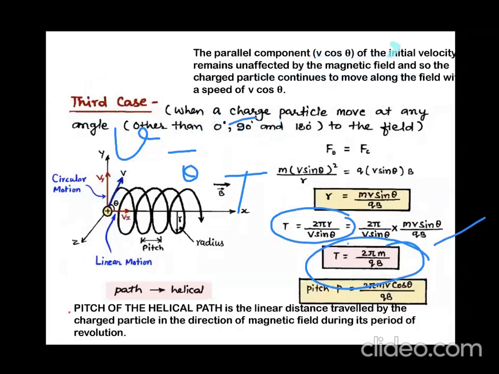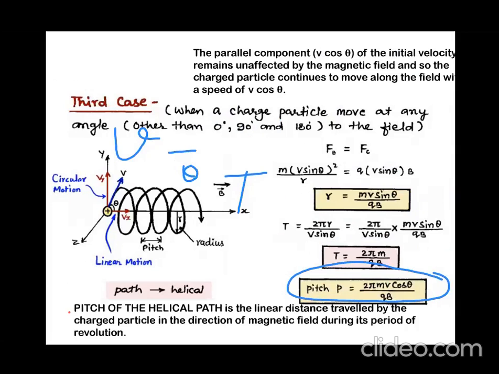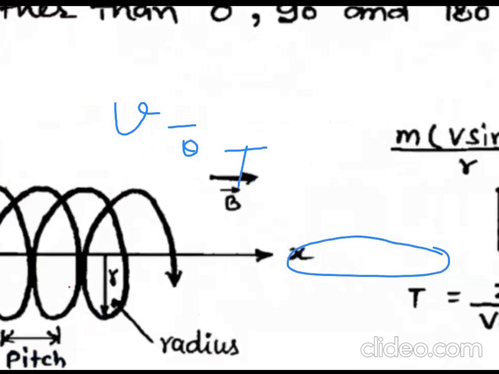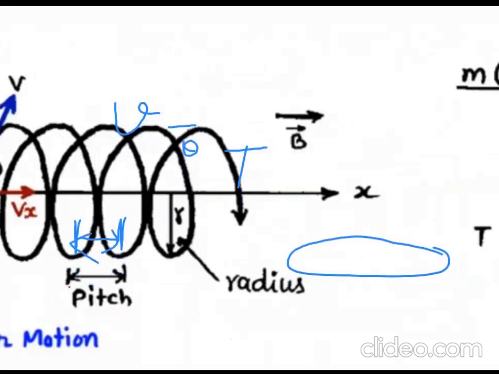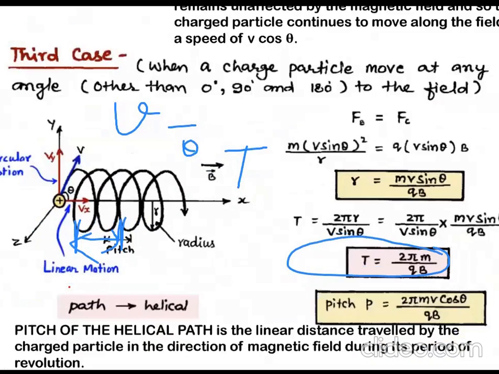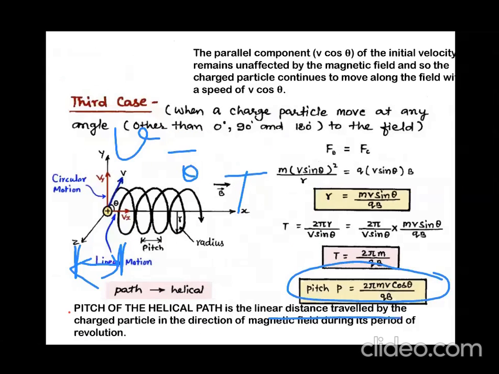Right beta? So this is your new term, that is pitch. Pitch is the linear distance. If you see in the diagram over here, from here to here, this linear distance is called pitch, right beta? So that is your pitch. Pitch is the linear distance traveled by the charge in the magnetic field during its period of revolution.